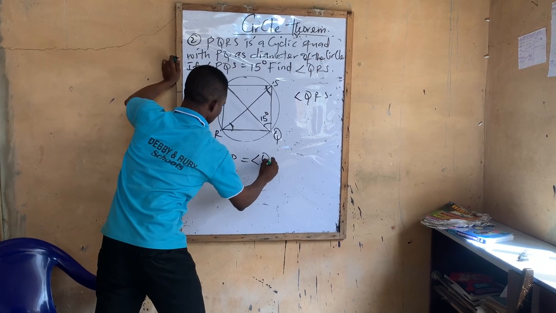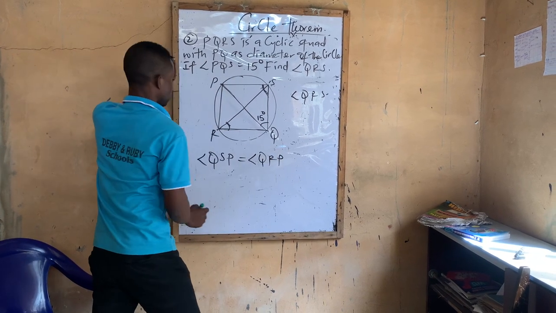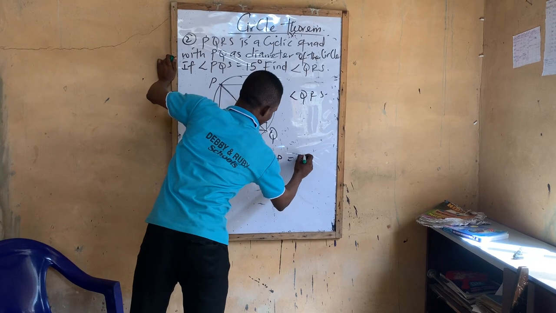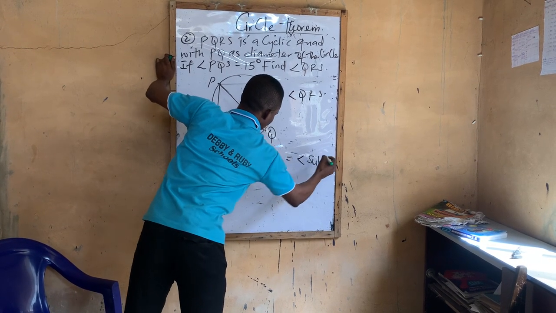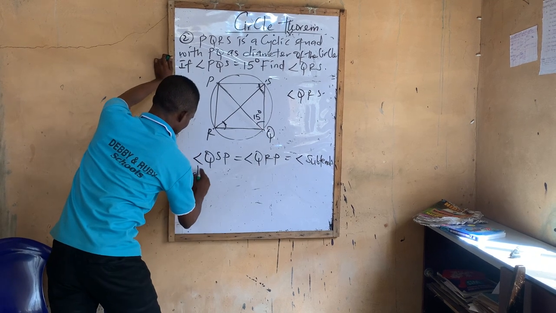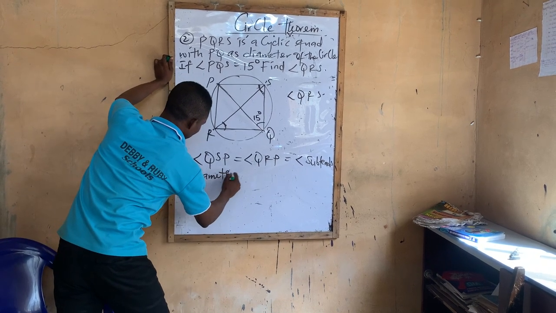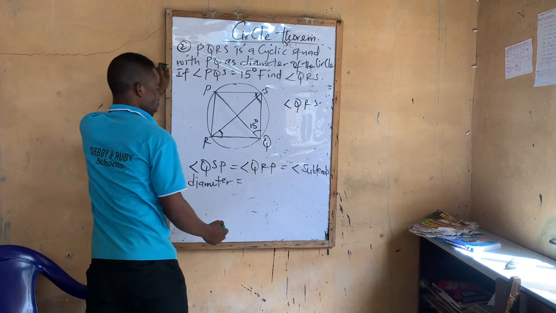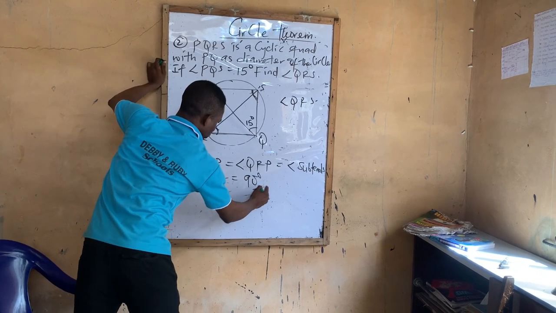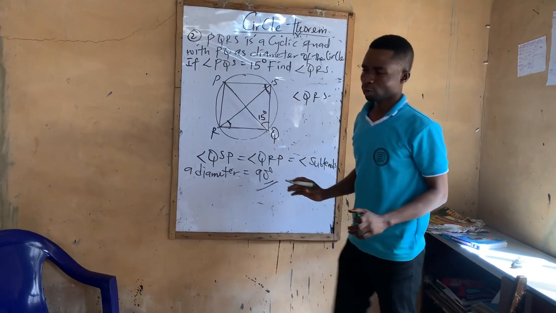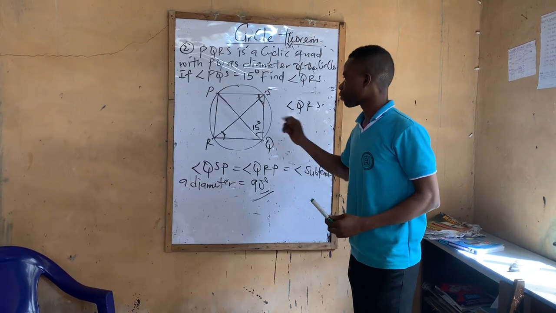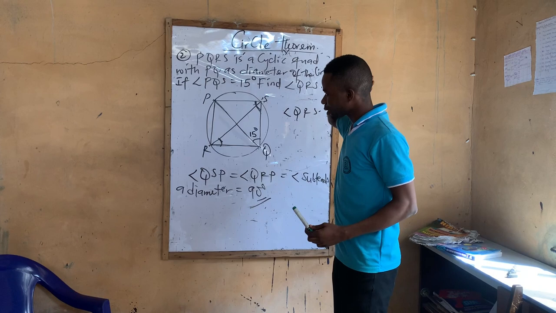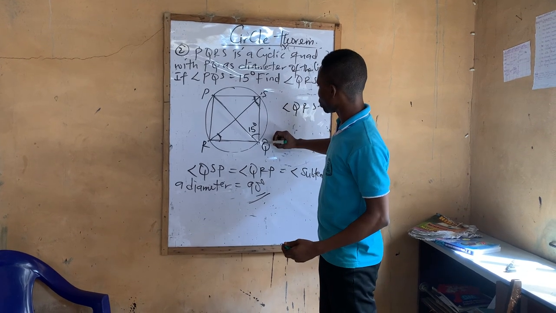Angle subtended by a diameter is the angle at the semicircle, that is 90 degrees. So those ones are equal. We should take note of that.